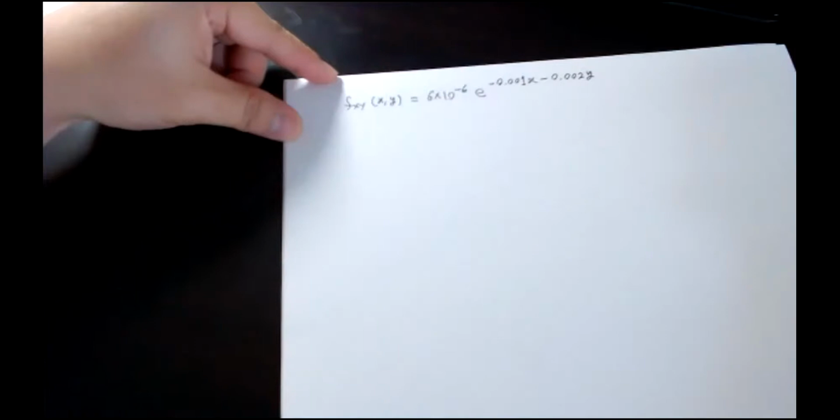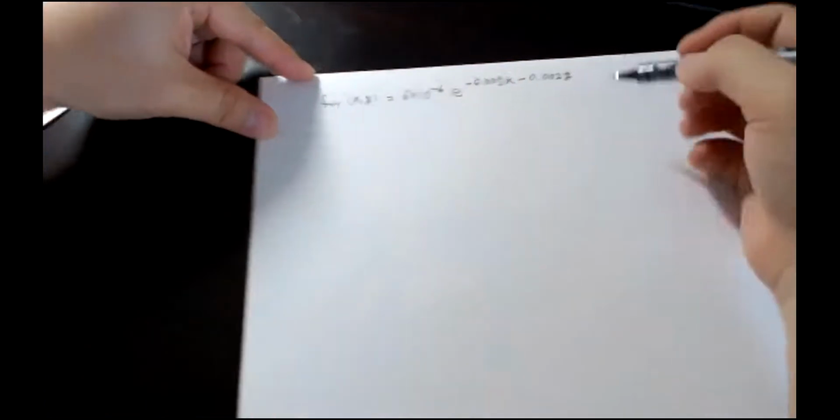Then let me draw the domain. Because random variables x and y represent time, they should be positive. So we just play in the first quadrant of the xy plane, with random variable x and random variable y. Okay, that's the domain, right?